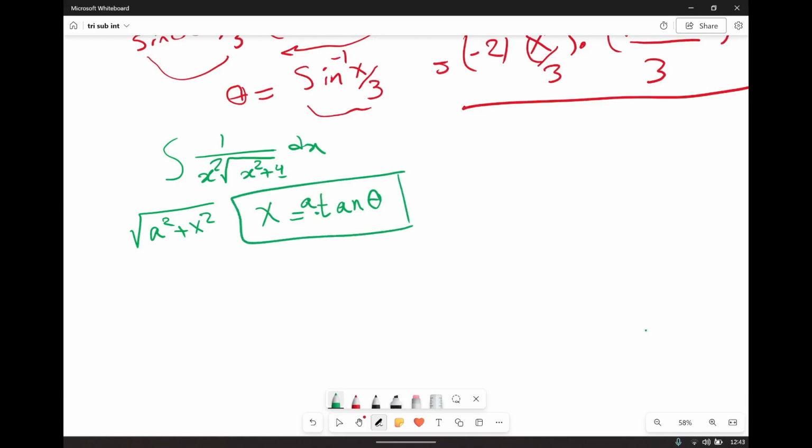But right now I calculate x equals 2 tangent theta, and differentiating, dx is 2 times 1 plus tangent squared d theta.